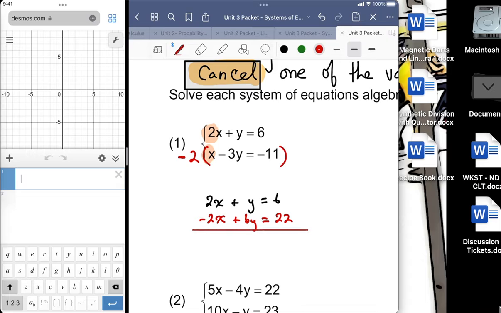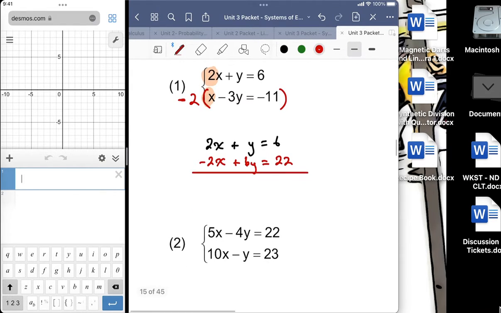Now when I add my two equations together, 2x plus negative 2x gives me a 0x. 1y plus 6y is equal to 7y. And then 6 plus 22 is 28. So this is the same as saying 7y is equal to 28.